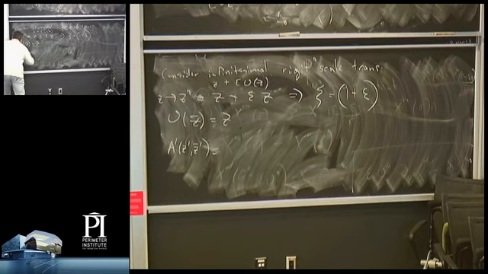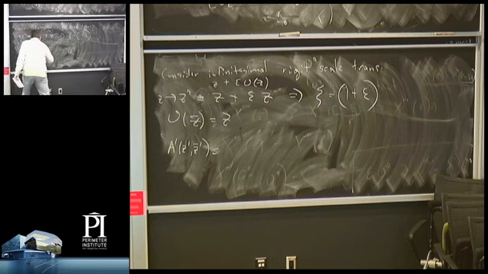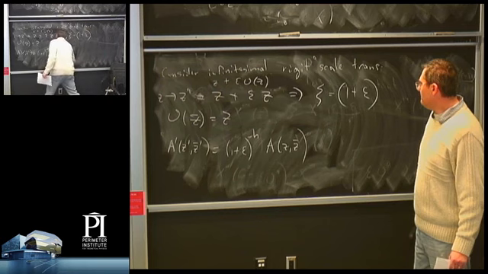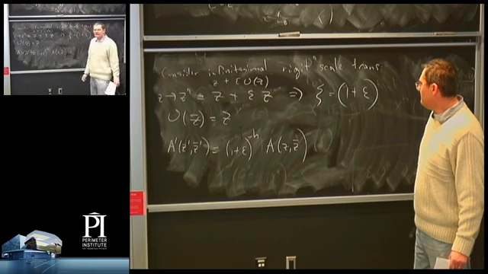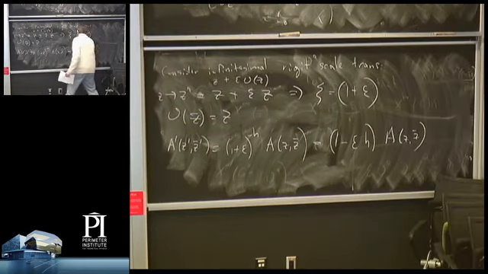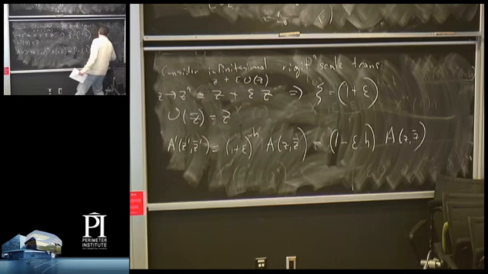So I have A prime of z prime, z bar prime. It's an operator of holomorphic weight h, and all I'm doing here is transforming the holomorphic coordinate. So it will be 1 plus epsilon to the power of minus h, and then I have A of z, z bar. And so this equals 1 minus epsilon times h, times the operator at z, z bar.